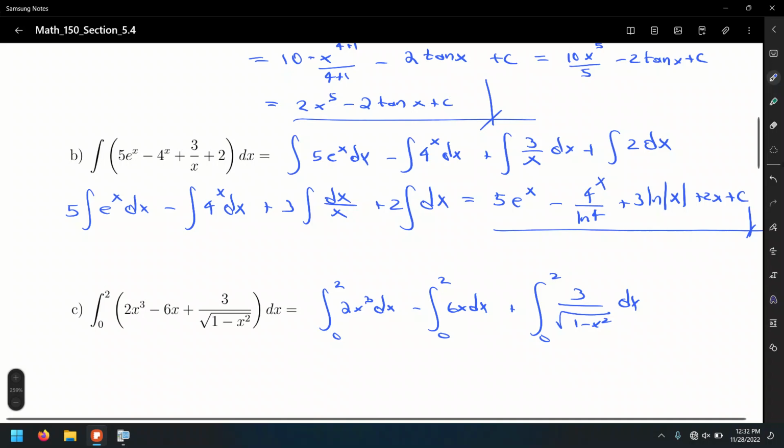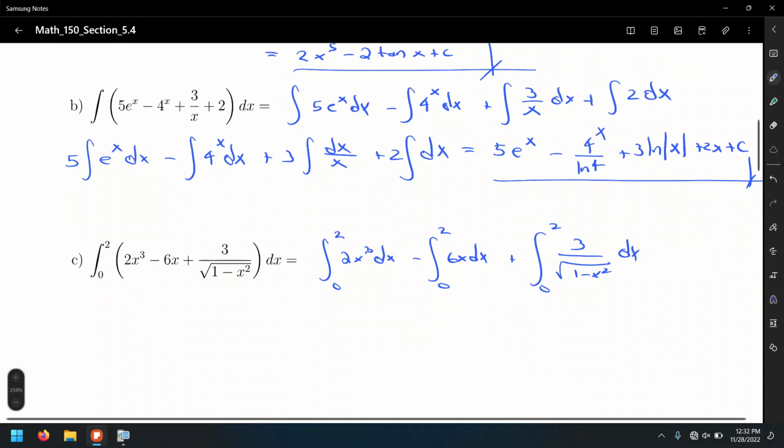All right. So the next step, again, take out the constants. It's going to be a lot easier. That's 2 times the integral from 0 to 2 of x cubed with respect to x, minus 6 times the integral from 0 to 2 of x with respect to x, plus 3 times the integral from 0 to 2 of dx over the square root of 1 minus x squared.